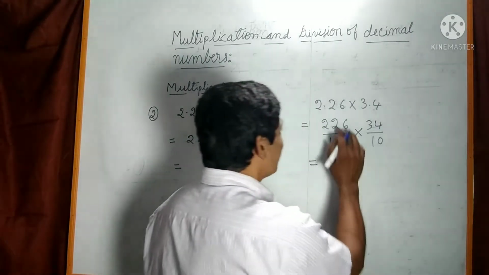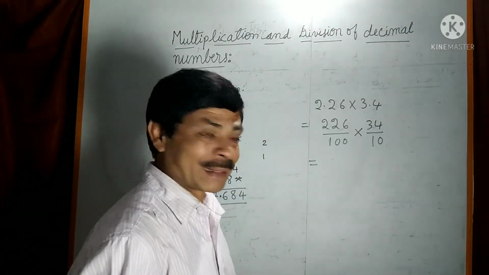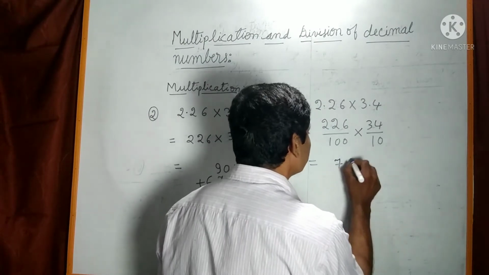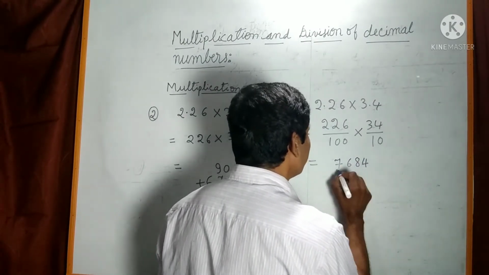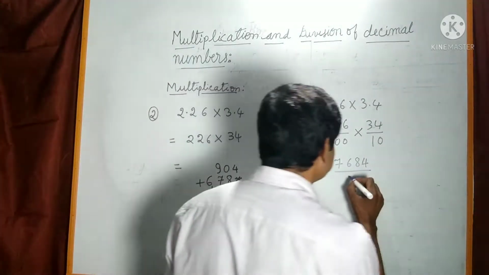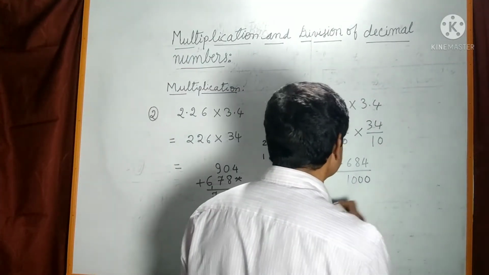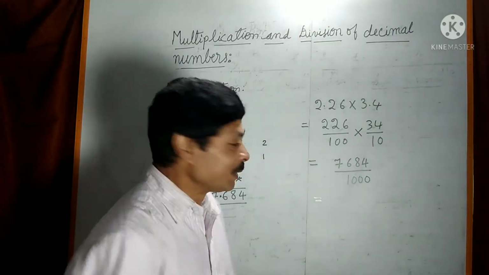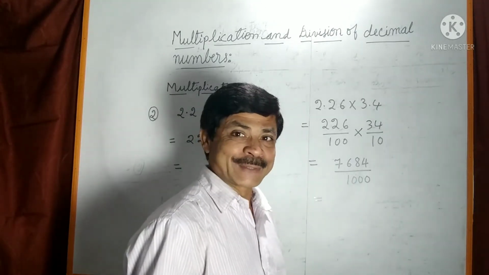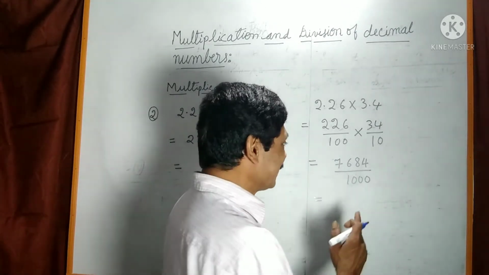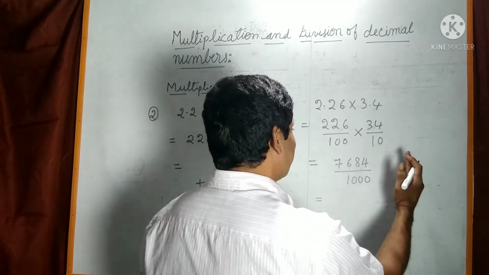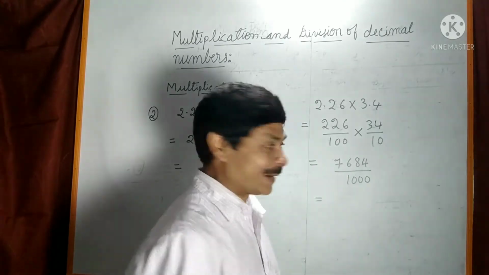Now we will multiply the two numbers and we got 7684 by 100 into 10, that is 1000. This is equal to, now in the denominator there are 3 zeros, so we have to put the decimal point after 3 digits from right side towards left side.